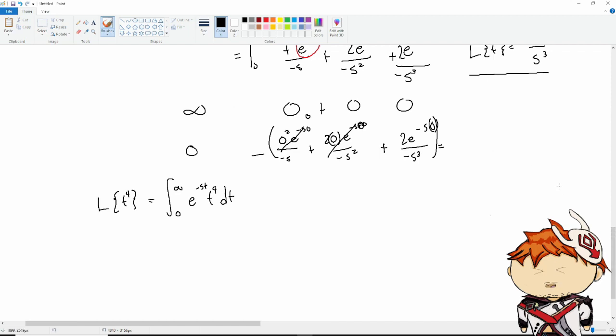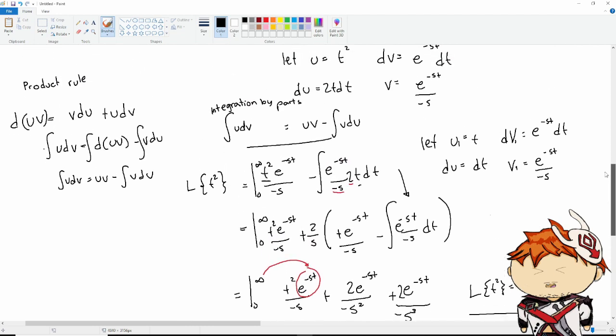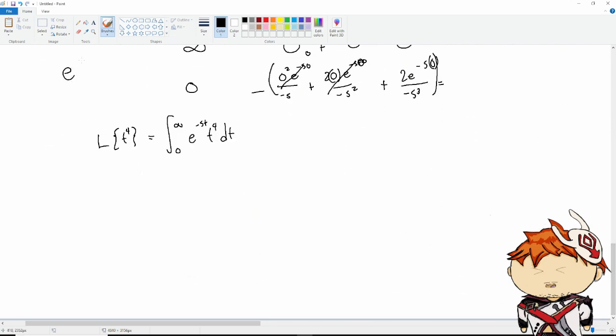Take note, if we partially integrate, especially functions of the pattern e to the ax times x to the n, we notice a pattern.